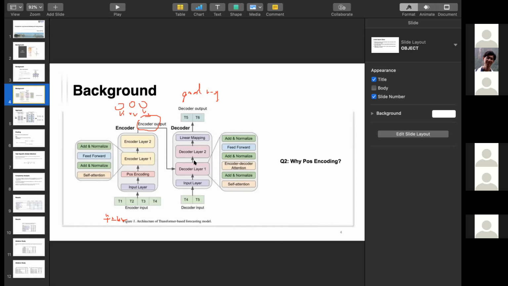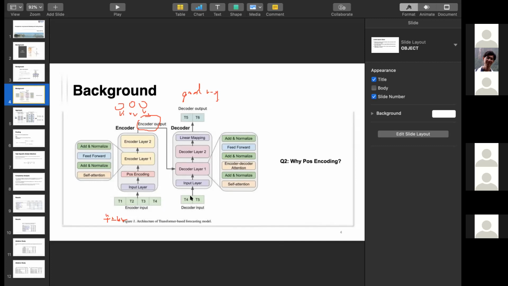If I remember correctly, they will be used as the key and value, and the original input of the decoder will be used as the query.